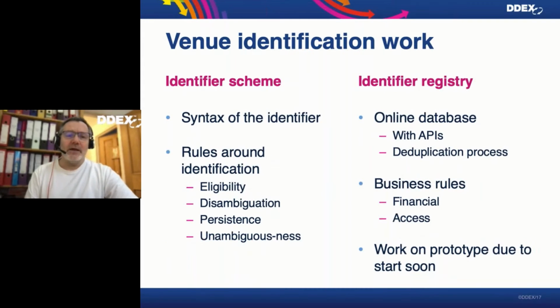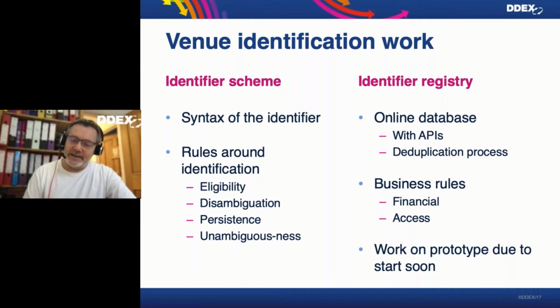Well, there are two work strands, if you like. One is to develop the identification scheme. That's the syntax of the identifier. That's kind of trivial. And given that EIDR is using DOI as the underpinnings for their registry, most likely the venue identifier that we'll be ending up with will be a DOI.